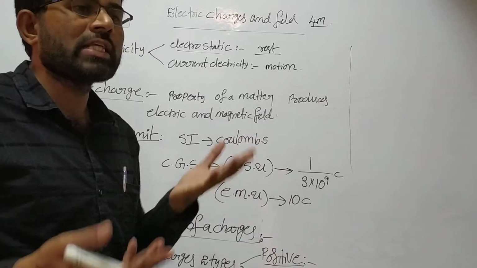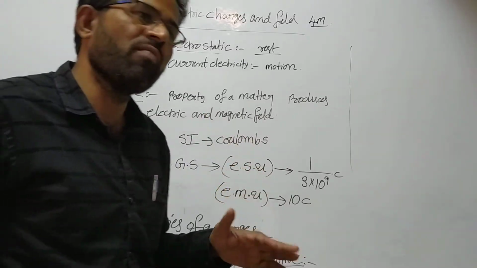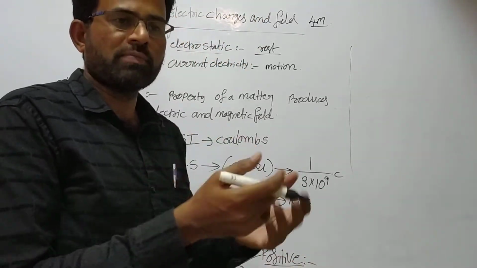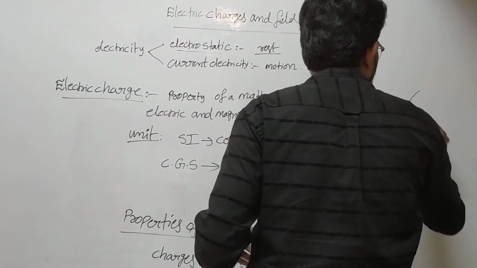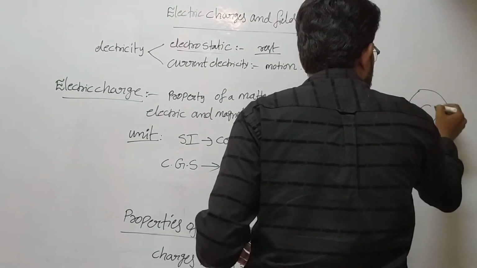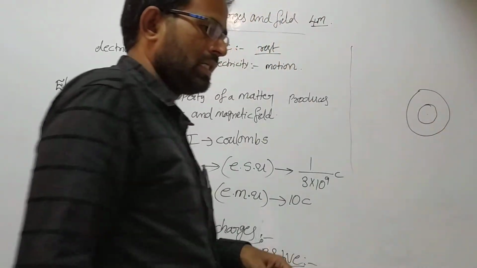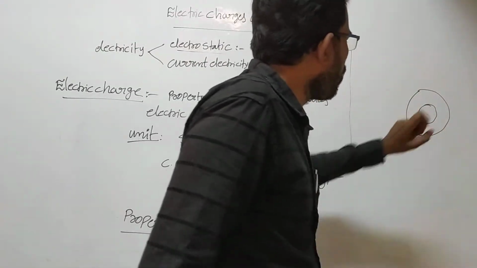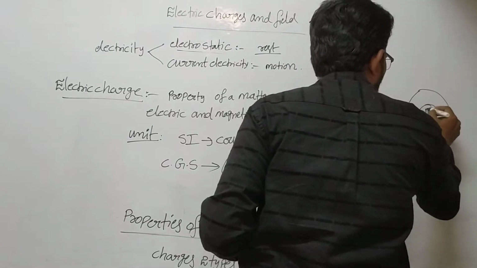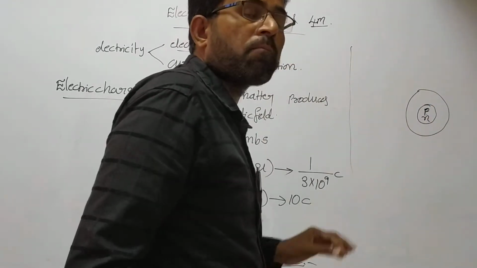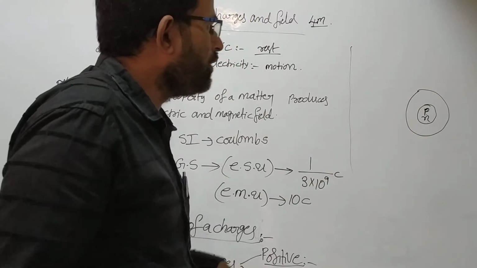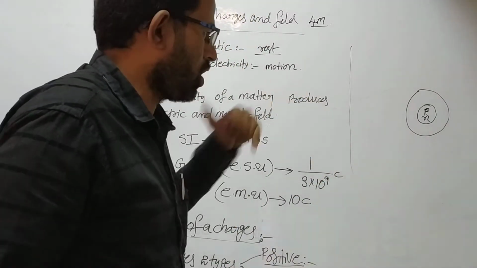Suppose you take any substance. That substance consists of molecules, and in a molecule atoms are there. Inside an atom is the nucleus. In a nucleus there are protons and neutrons. Protons are positively charged and neutrons are neutral.